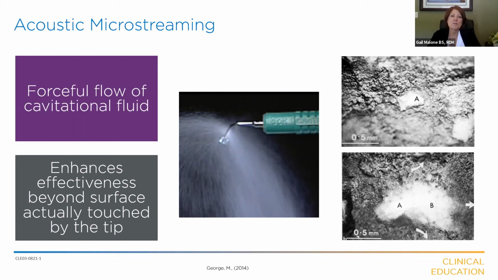So if you look at this image on the slide, you can see A represents an insert that was being used essentially dry with no water. And then A plus B is where we're using the appropriate amount of water. And what we're doing is increasing the effectiveness beyond the area that actually is being touched by the insert tip. So that contributes to our effectiveness.